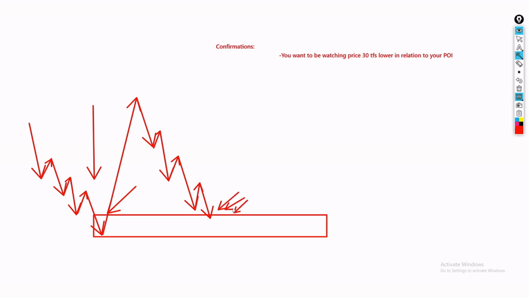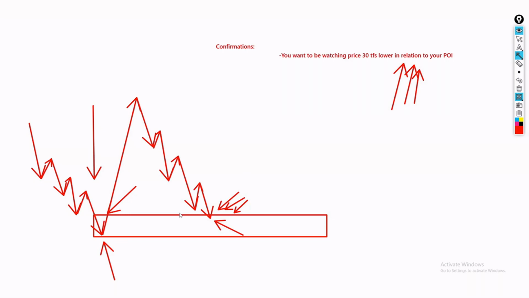Okay, this is pretty important. You want to be watching price at least 30 time frames lower in relation to your point of interest, which means if this was a 1 hour time frame, you would be watching a 2-minute chart once price hits your point of interest, right? If this was a 2 hour time frame, you would be watching a 4-minute chart in order to try and find and spot your confirmation, right?